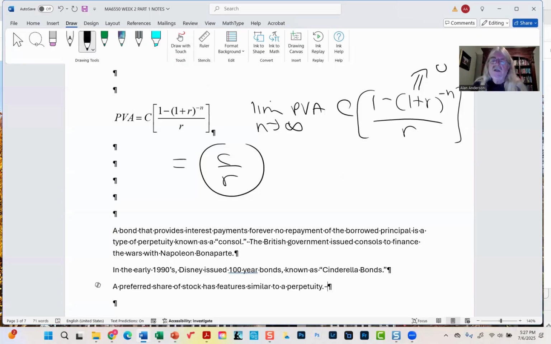Okay, so a preferred share of stock provides a steady stream of income with very little growth potential. With common stocks, the ones that you normally think of as stocks, it's the other way around. You're not getting a whole lot from the dividends, but you are getting a lot of growth potential. So these are set up for investors who just need income. Okay, so a steady stream of income with very little growth potential.